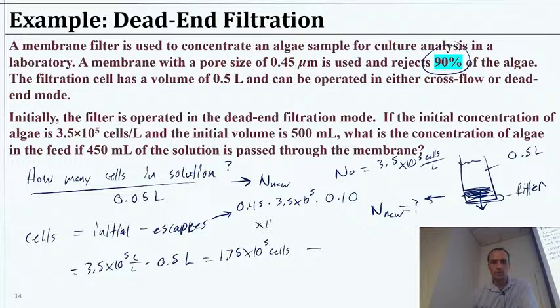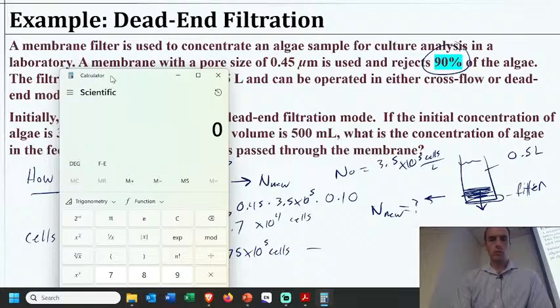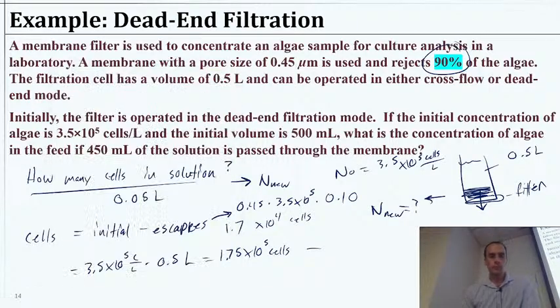So it'll be something times 10 to the 4th cells, probably slightly less, like 1.7-ish. We'll go ahead and do that. So 15.75 times 10 to the 4th cells.